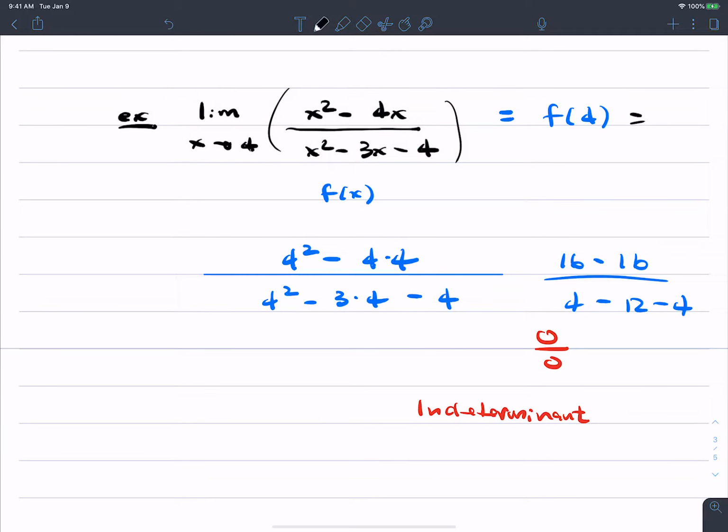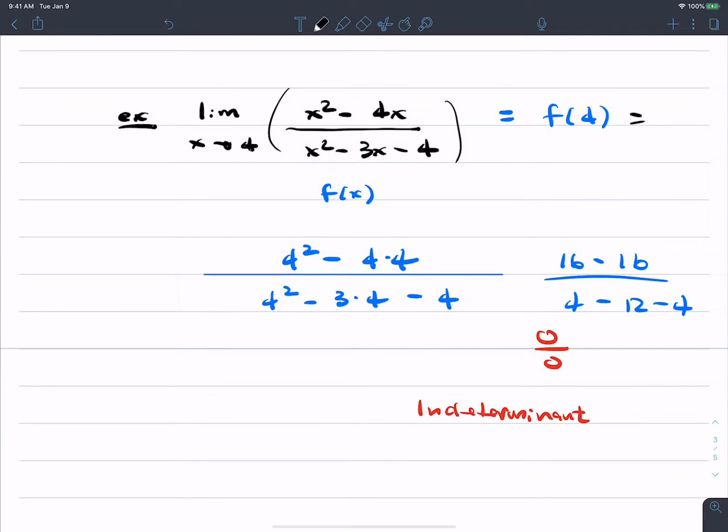Now, let me remark about this. What does this mean? Well, first of all, for the limit question, this is a does not exist. Minus here looks like another does not exist.